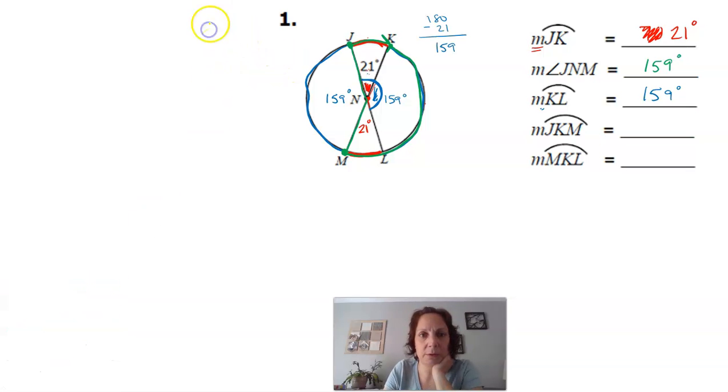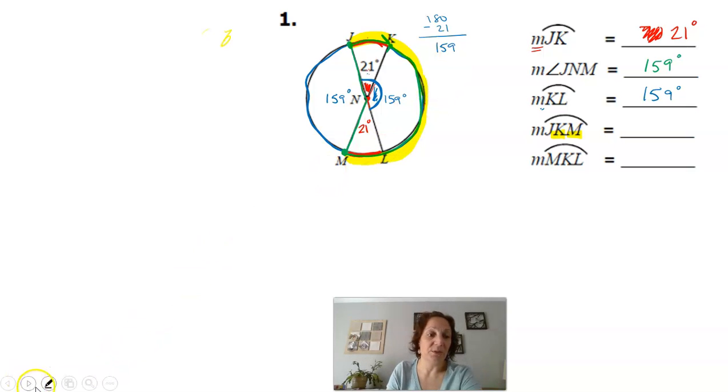So we want this piece. So you want JKM. So that piece, and then keep on going all the way around to M. We want that whole big arc.